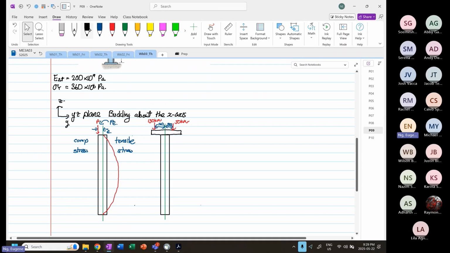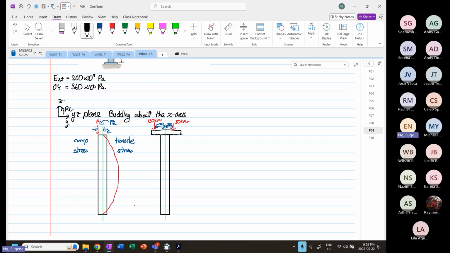And we are aware that this is rotation about X, right? So this is also buckling about the X-axis. Okay, so they did not say any restraint about buckling in the X-axis. So it will buckle in this way, right?